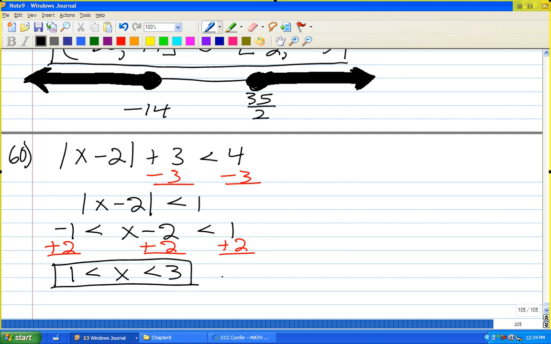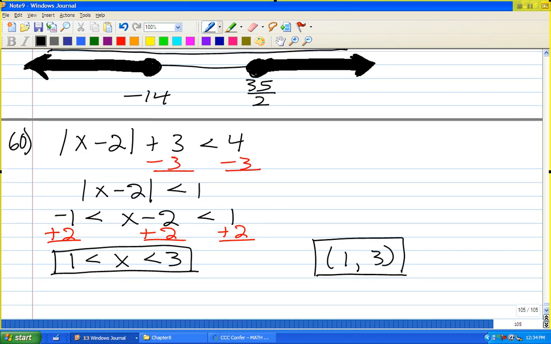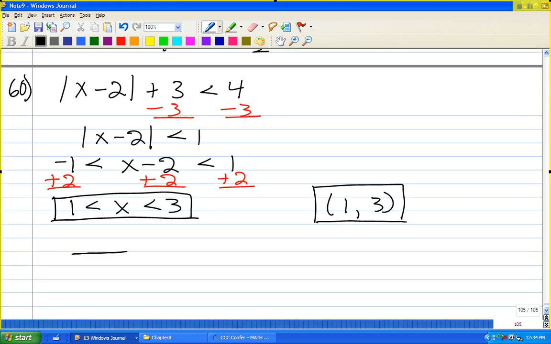So this is the open interval from 1 to 3. It includes all numbers between 1 and 3, but it does not include 1, nor does it include 3.